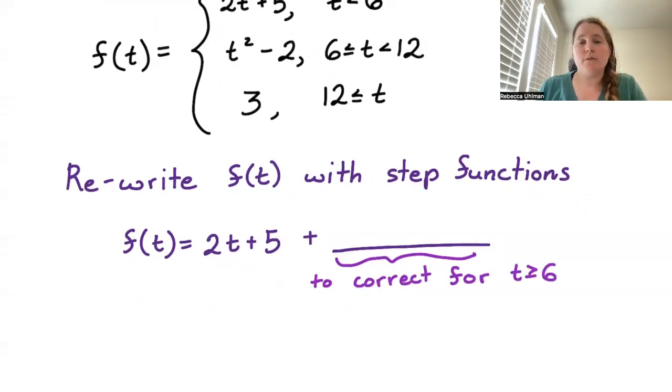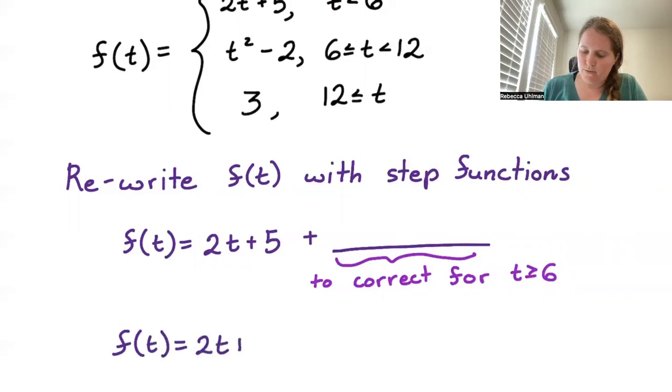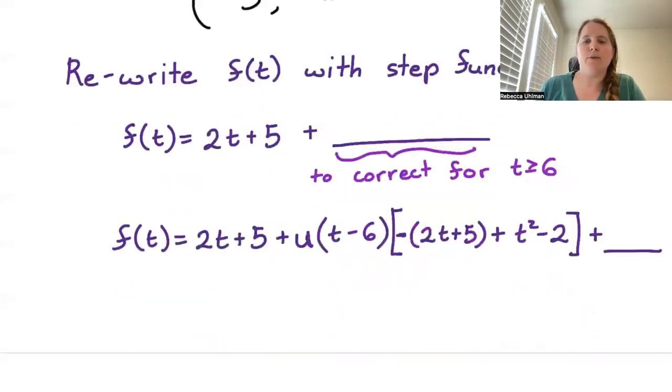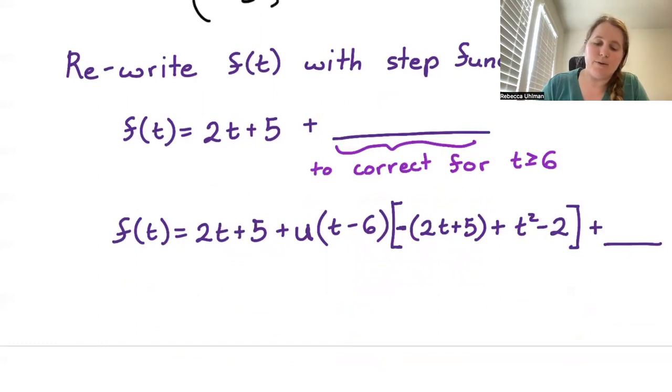Our next correction is from 6 to 12. So f of t equals 2t plus 5, then we start our step function at 6, u of t minus 6, and multiply by, we subtract off the 2t plus 5 that we already have and add in our desired t squared minus 2. Then again, we add an additional component to correct for t greater than or equal to 12.